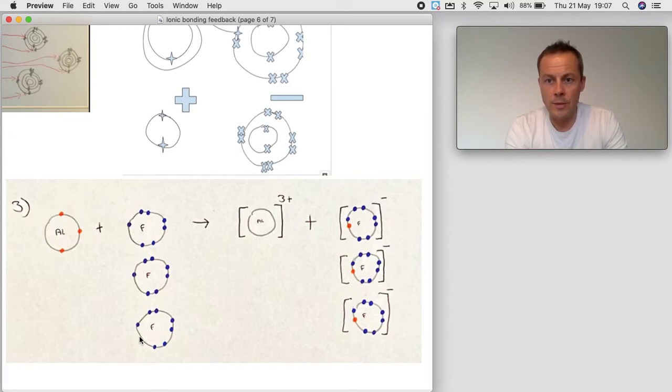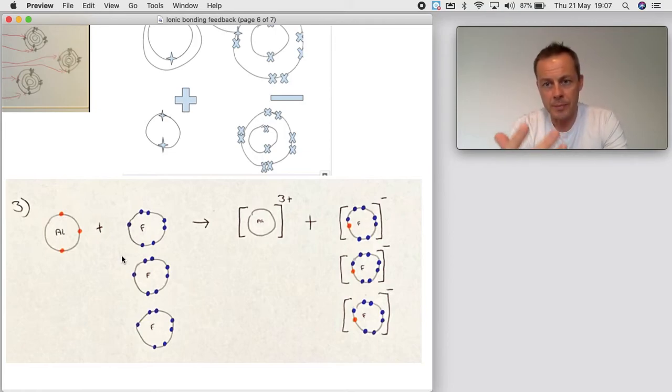So to take away those 3 electrons, we will need 3 fluorine atoms to take those electrons, 1 each, and turn into a fluoride ion. So here we can see when aluminium and fluorine form the compound aluminium fluoride, we have 3 fluoride ions for 1 aluminium ion. And again, that's where you need to be aiming for.